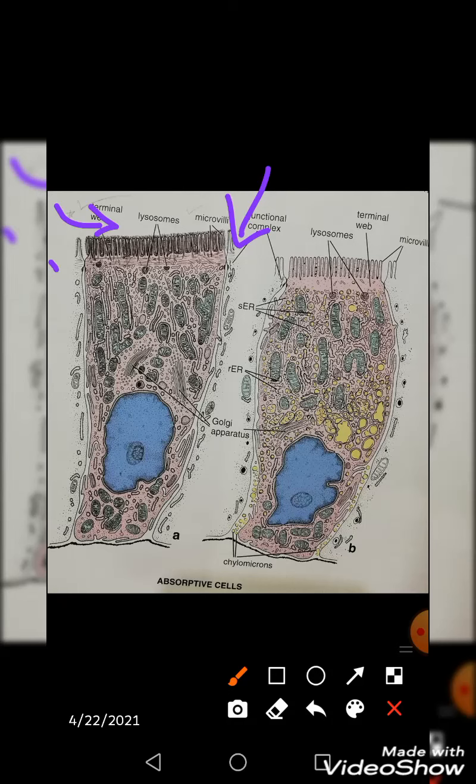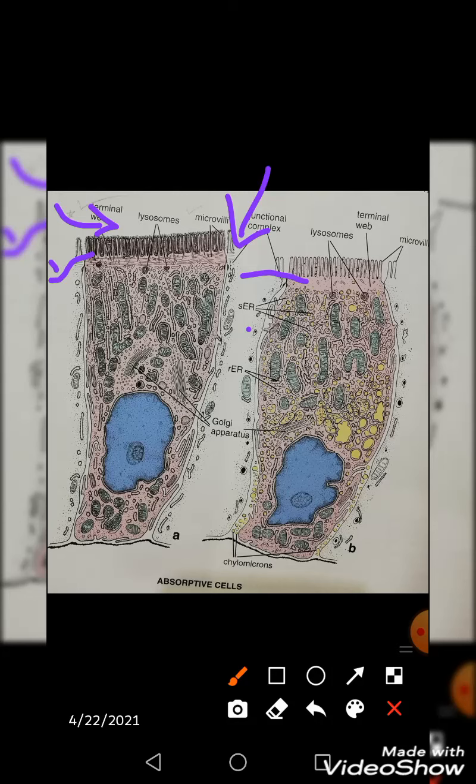Each microvillus is about 1 micrometer in length. In the core of these microvilli there are 20 parallel actin filaments, and just below the brush border the cell exhibits the terminal web, which has transversely oriented cytoplasmic filaments called myosin filaments.